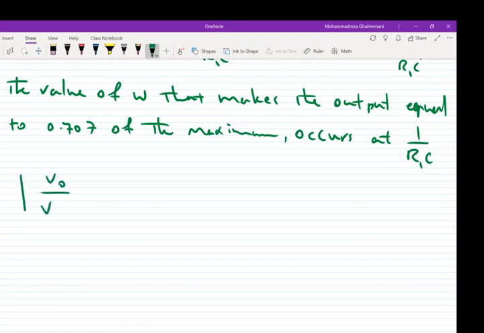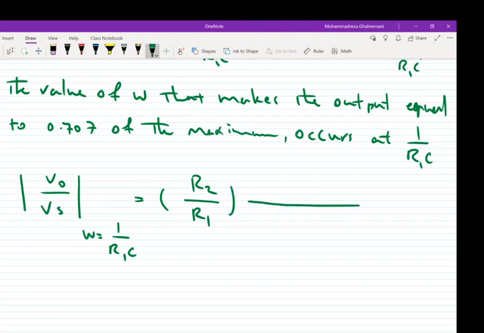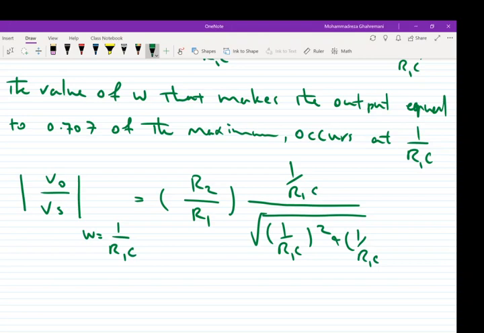VO over VS at a frequency of 1 over R1C is equal to R2 over R1. Instead of omega, we put 1 over R1C. Instead of omega squared, again, we put (1 over R1C) squared, plus (1 over R1C) squared.